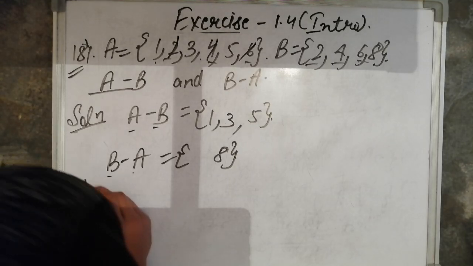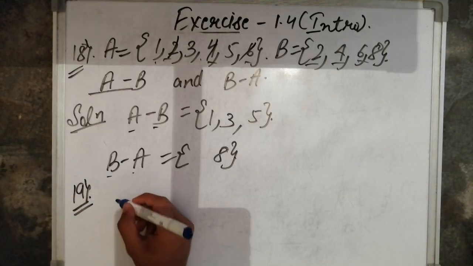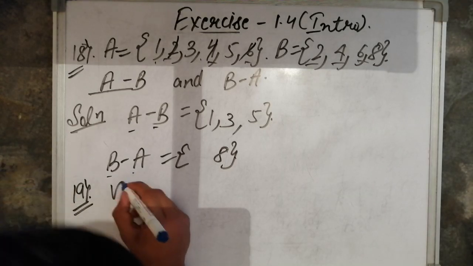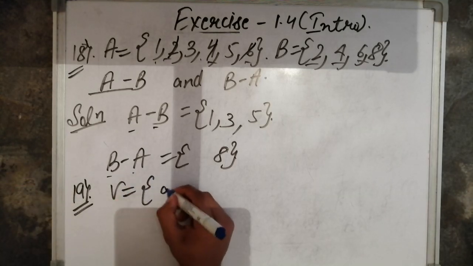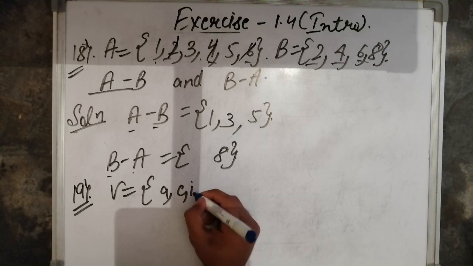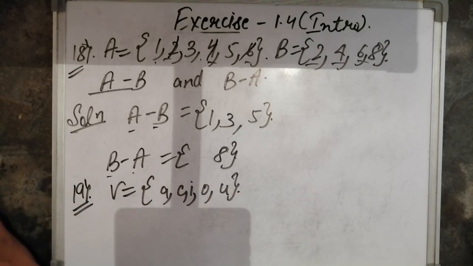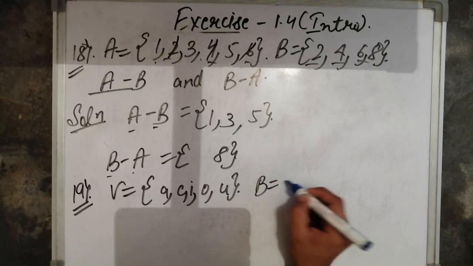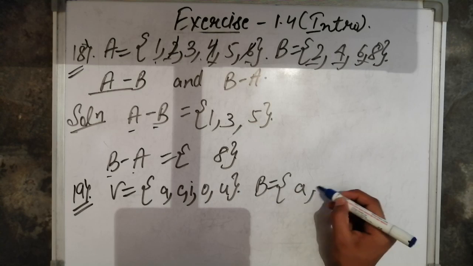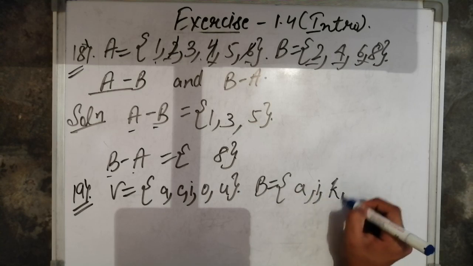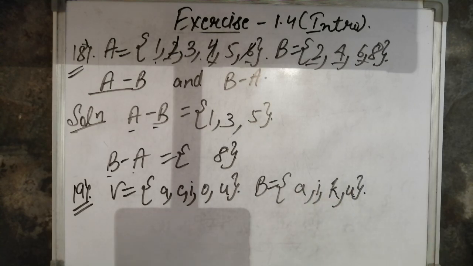It states that let V is equal to a e i o u and B is equal to a i k u.